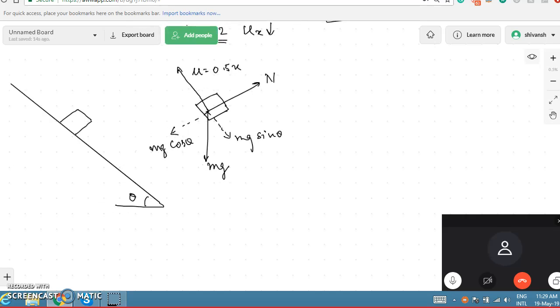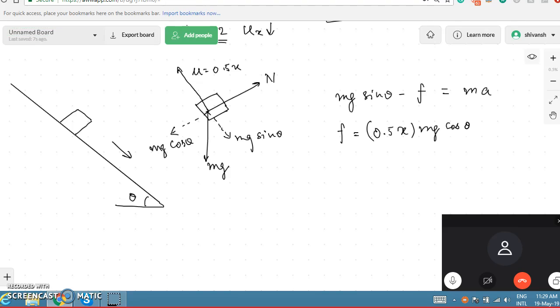Okay, so let's say that mg sin theta is the force which is driving it downwards, and the net force along this direction should be mg sin theta minus friction, right? This should be equal to m into a along this direction. So friction we can write as 0.5 times x times mg cos theta.